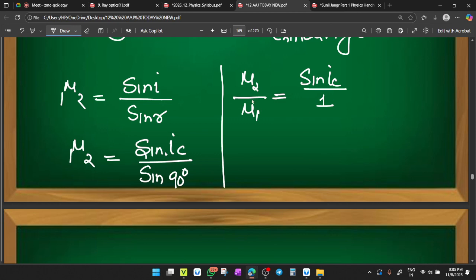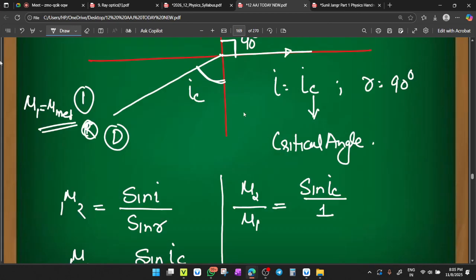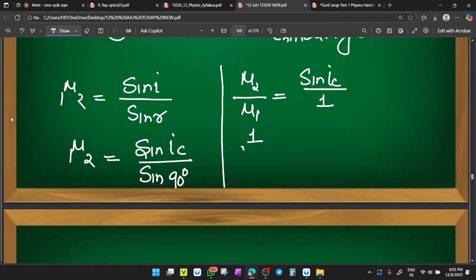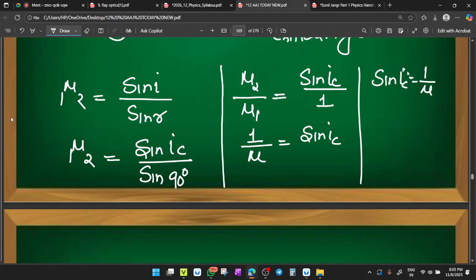So mu 2 for air is 1, and mu 1 becomes mu, so that equals sine IC.